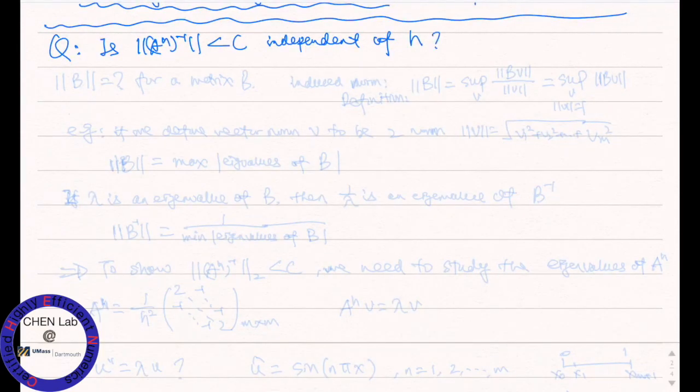That's a key question. Once we prove that, we can show that the scheme is stable. Then we know it converges. The approximate solution from the scheme that we just derived converges to the exact solution with order 2.